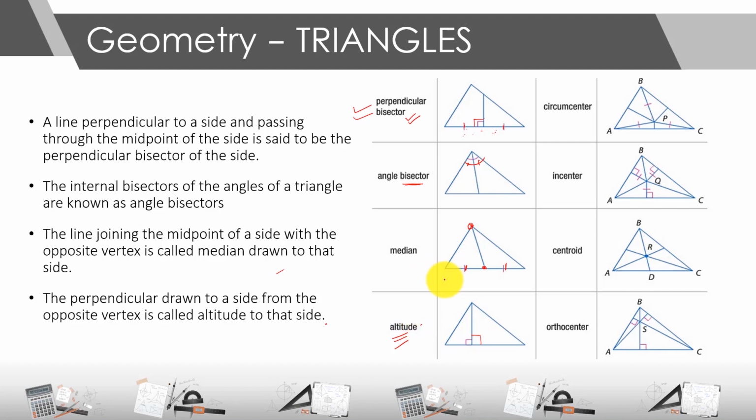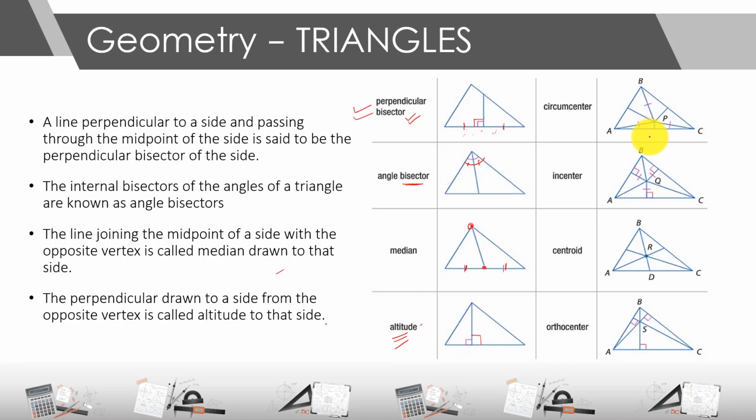Now in all these four scenarios, if we create these lines on all the three sides or from all the three vertices, these lines may intersect at a single point, and these points have special names.